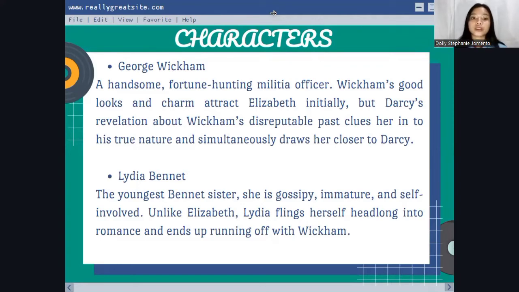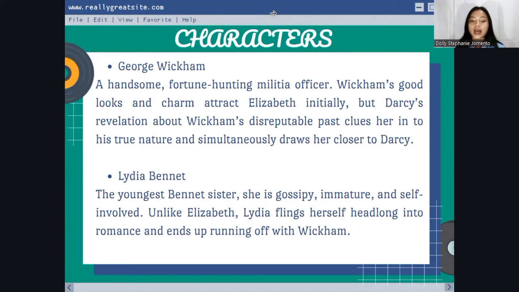Wickham's good looks and charm attract Elizabeth initially, but Darcy's revelation about Wickham's disreputable past clues her in to his true nature and simultaneously draws her closer to Darcy. So this George Wickham seems like one of Elizabeth's, or Lizzie's, pairs, where you'd think they would end up together, but then due to Darcy's revelation, because George Wickham is part of Darcy's childhood, he knows Wickham's character.